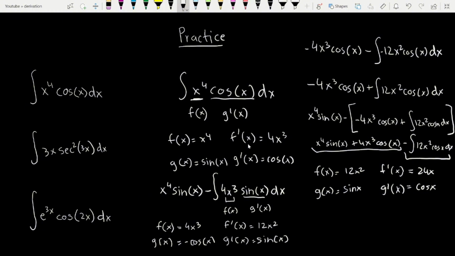And so that is going to be f of x times g of x. So that's 12x² times sine x, subtracted by integral f prime of x, which is 24x, g of x. So that's going to be sine x. And then again, I'm left with another integral that I'll have to apply by parts on.